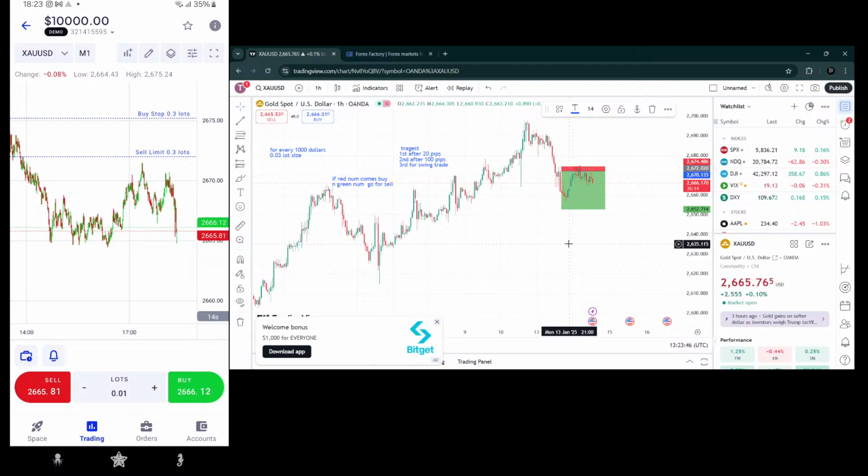If the market hits 2672, 2673, even now there is a possibility that the market can make a spike on the upside and go down, but we will see what happens.